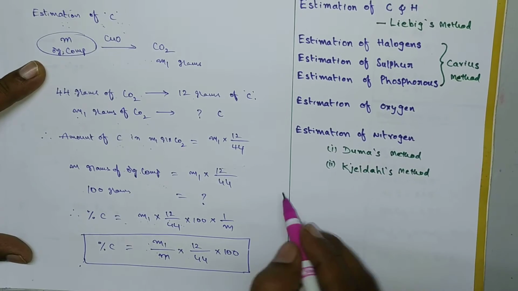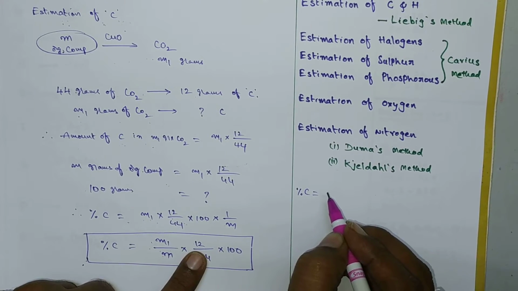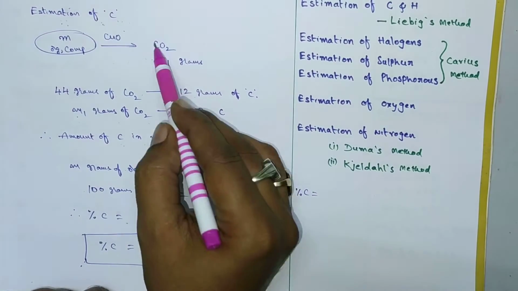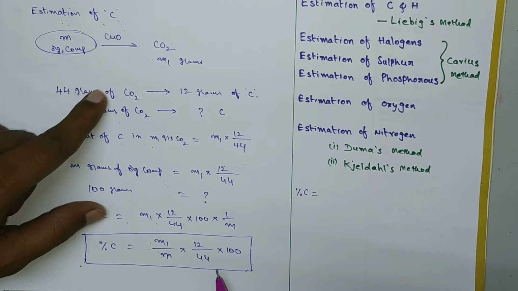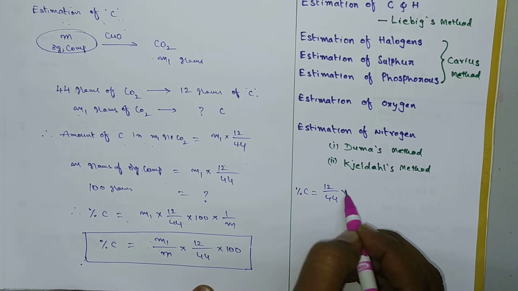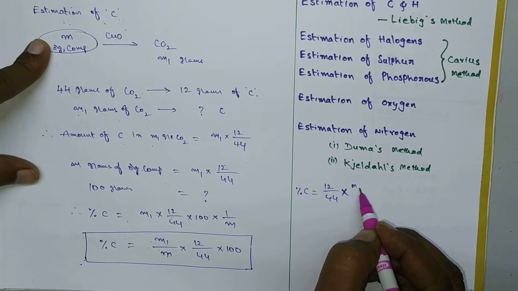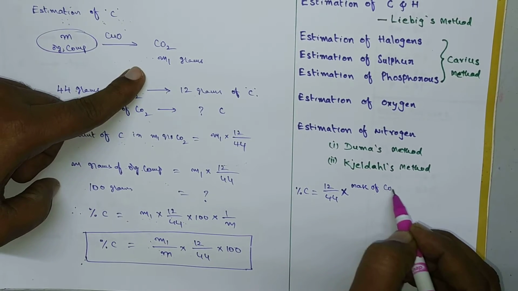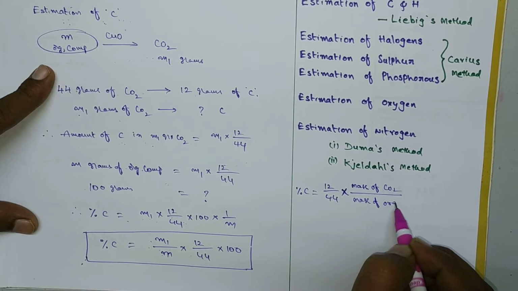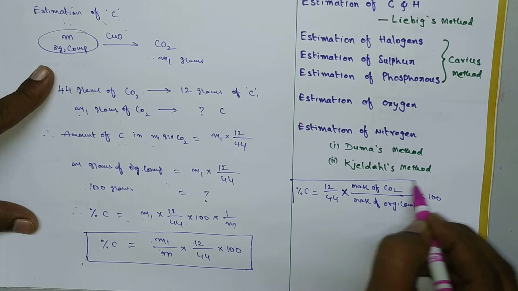The percentage of carbon is equal to 12 by 44 into mass of carbon dioxide divided by mass of organic compound into 100, where 12 is the atomic mass of carbon and 44 is the molar mass of carbon dioxide gas.